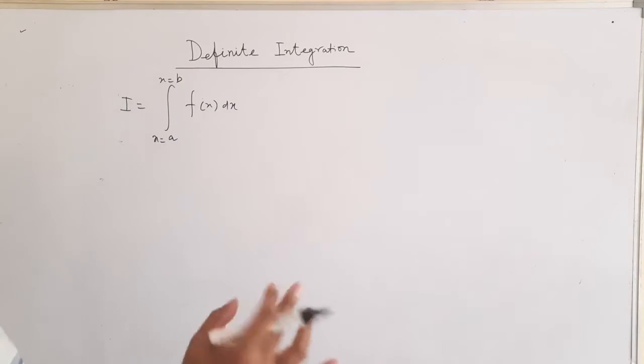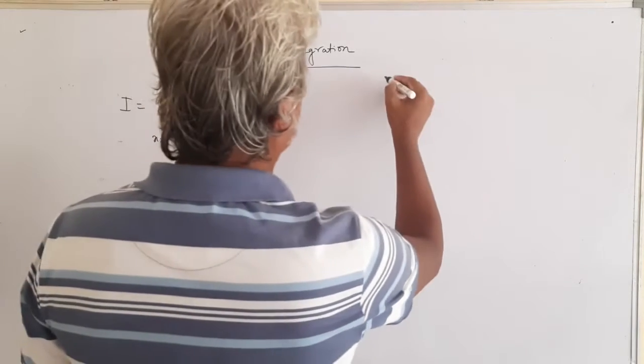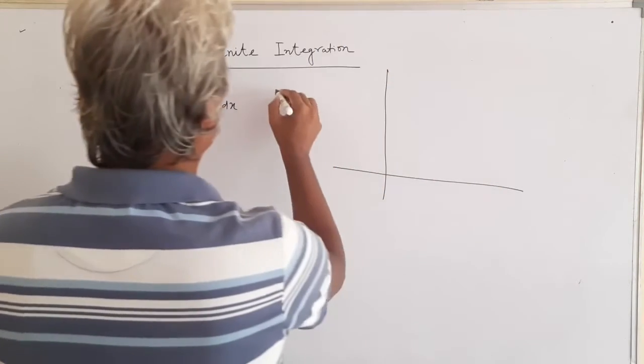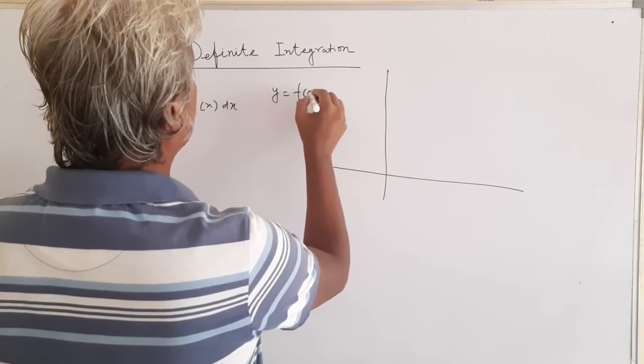Now what is f(x)? f(x) definitely must be a function. It must be having some graphical representation. Definitely it has. This is your function y equal to f(x).